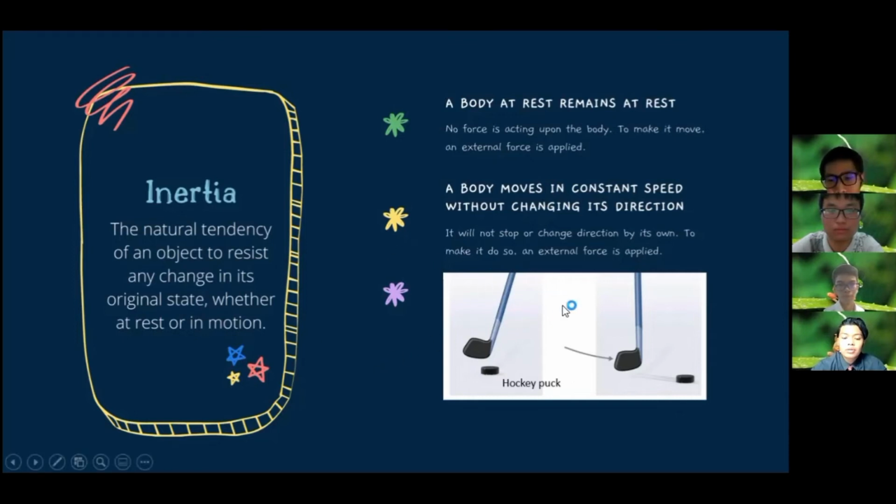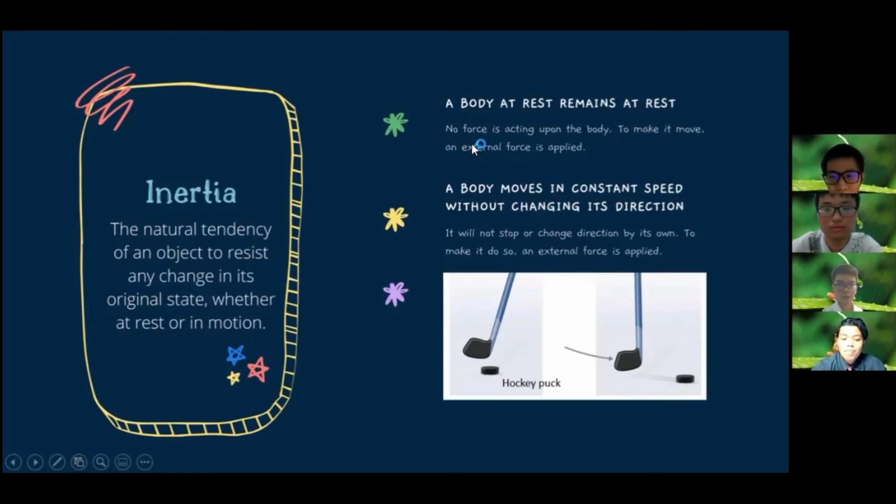Now, look at this hockey puck down here. You see two diagrams. The first one shows the state of motion where the puck is at rest. So initially the body is at rest. To make it move, how can we make it move? Can anybody suggest?